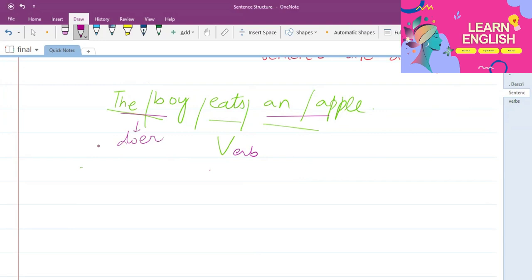And that doer in grammar is specifically called as subject. All right. So he is performing the action. And on what is the action being performed? Or what is receiving the action is called as object in grammar.